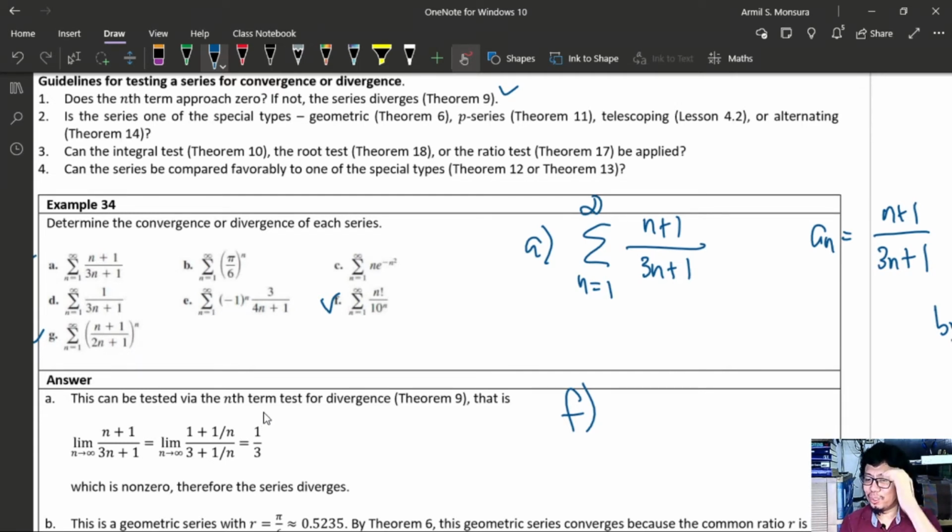That's the best way to practice solving these kinds of problems, because you really have to engage yourself in the thinking process on how to choose the proper test.